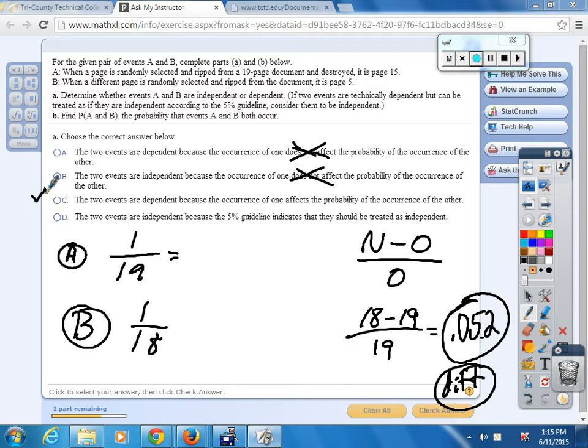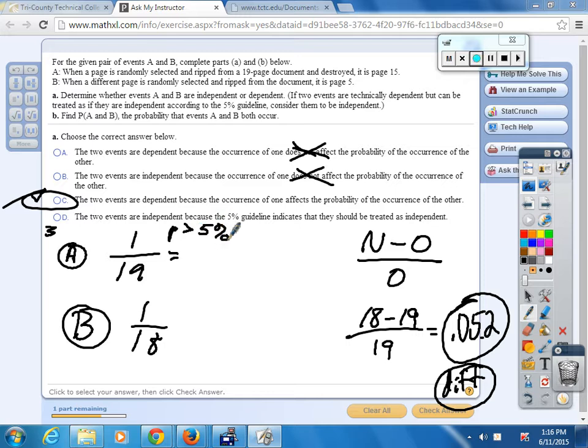That's a possibility. Let's read the last one just in case. The two events are independent because the 5% guideline indicates that they should be treated as independent. Well, the 5% guideline, we're over what? 5%. So I think it's C. Okay, because this probability is over 5%.